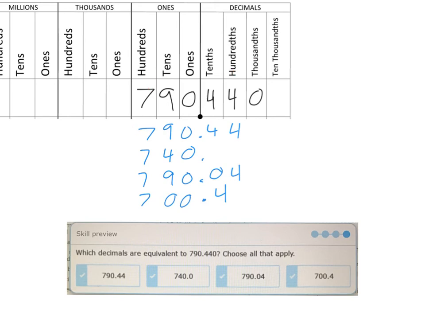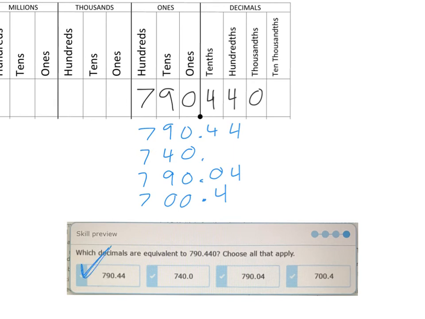Looking at the first one, 7 is the same, 9 is the same in the tens, 0 is the same in the ones, 4 in the tenths, 4 in the hundredths. That is essentially exact. There's a 0 in the thousandths for this one, but there's nothing here. 0 is nothing. I could put an invisible 0 here if I want to. This first number is the same. So yes, this one is equal.